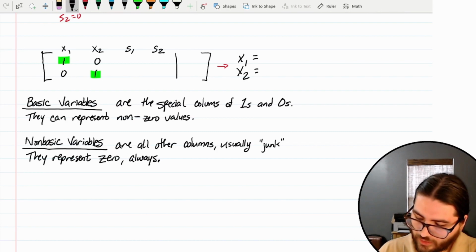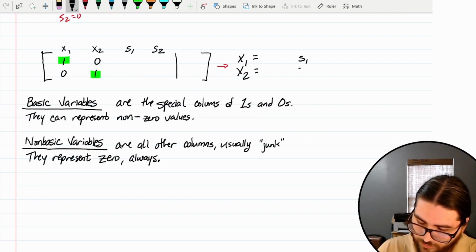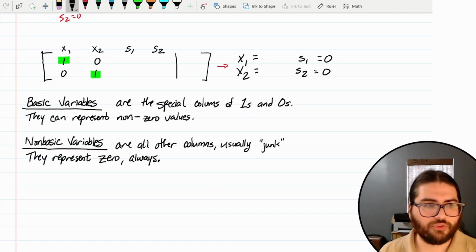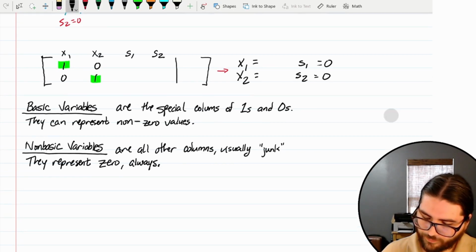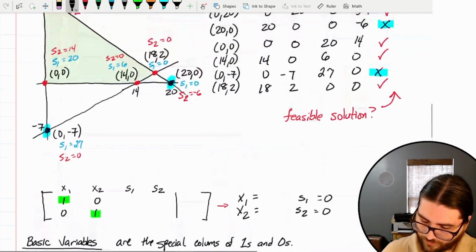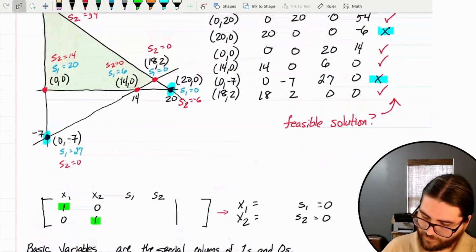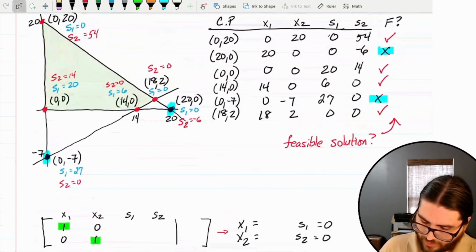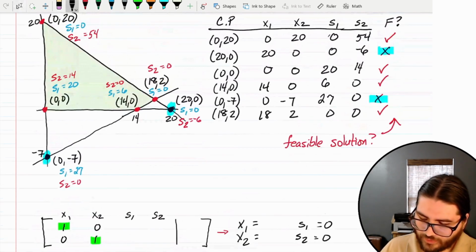They would be forced to be 0 because they are not basic variables. They're non-basic variables. And so x1 and x2 are allowed to be numbers, but s1 and s2 are not.